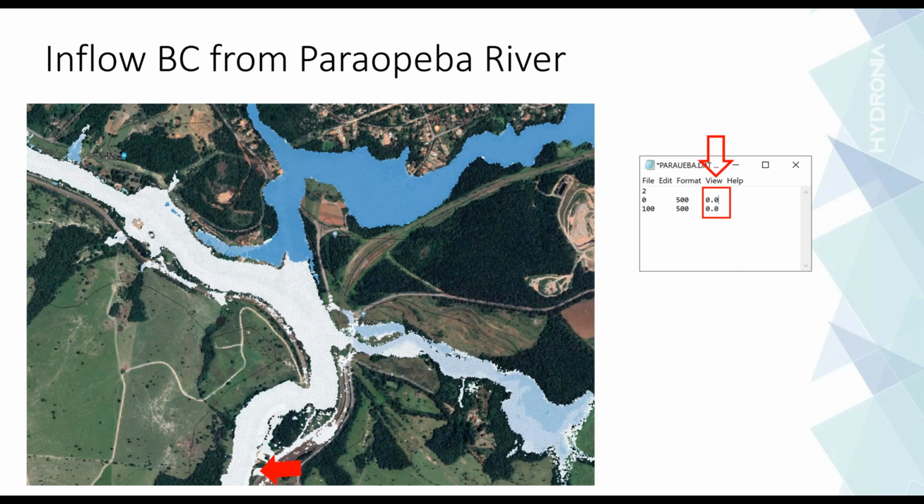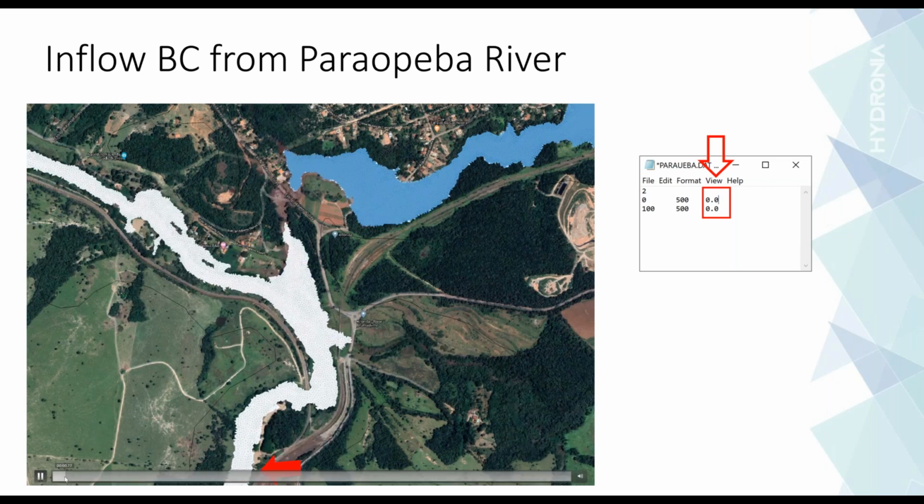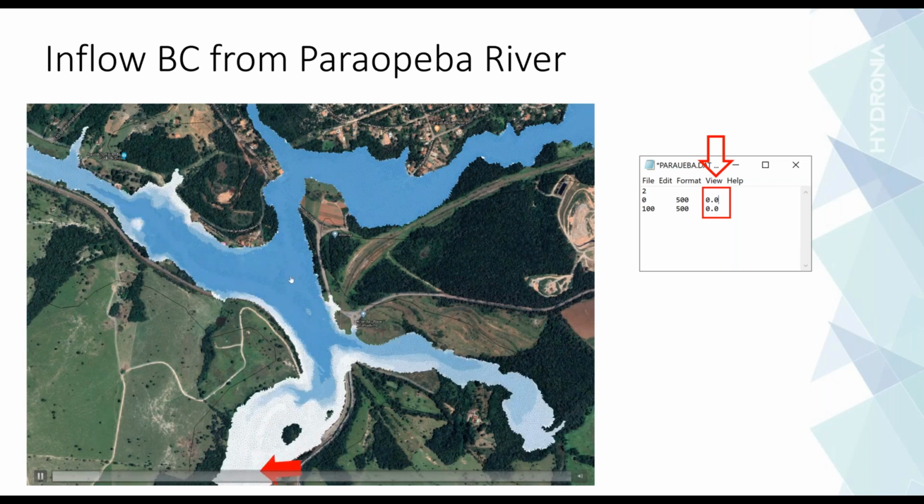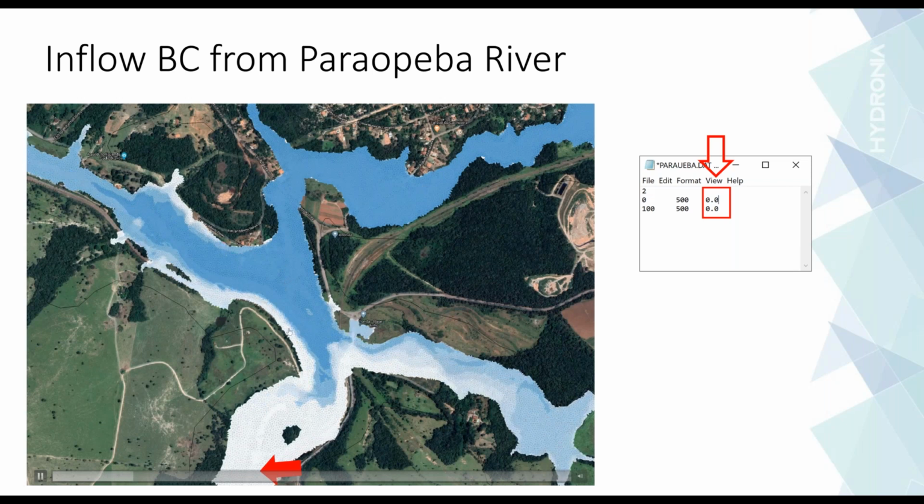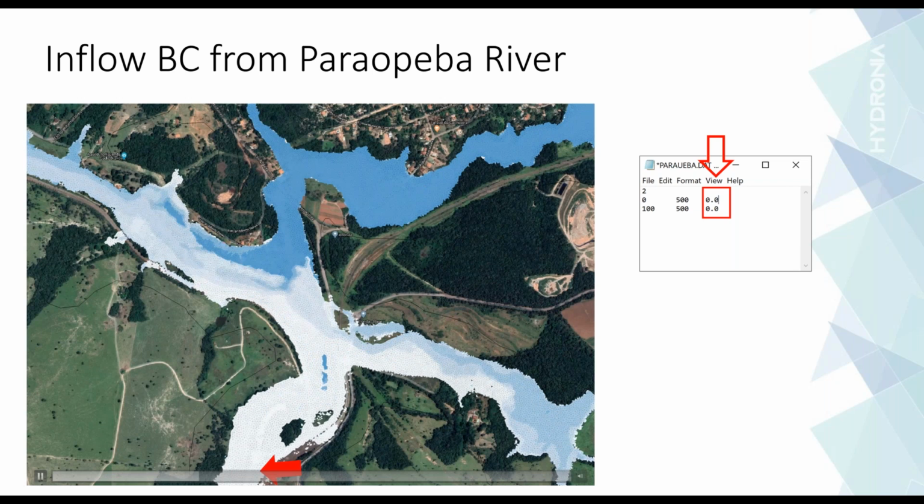What you see here is the concentrations of the mixture. As you saw initially, you have the high concentrations of the tailings, but then the water eventually takes over and starts eroding the material and moving it downstream.